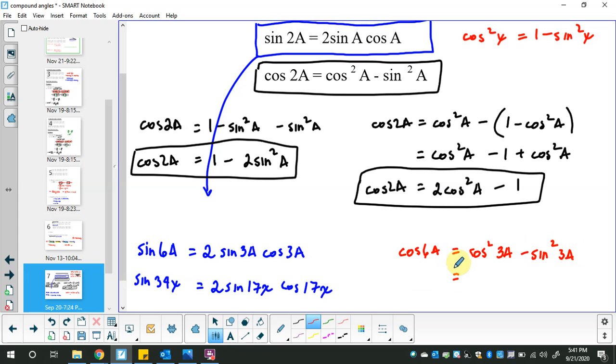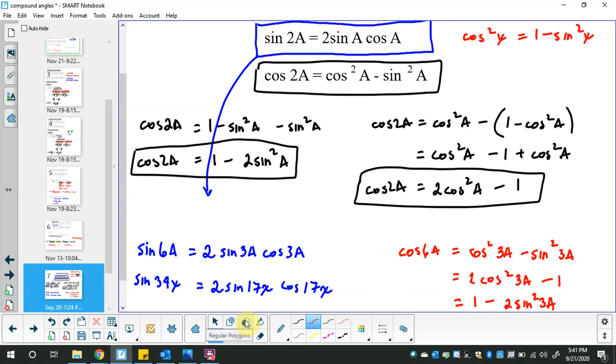The other option is that we do 2 cos squared of the 3a, 3 of them are with the first cos, 3 of them are with the squared, minus 1. Or you have the option of 1 minus 2 sine squared 3a. And you can do this for anything.